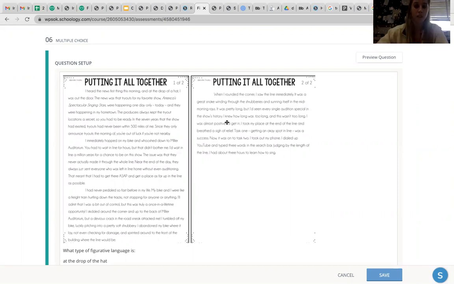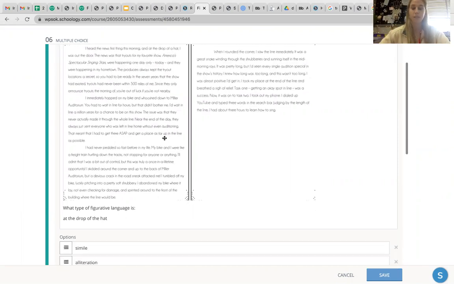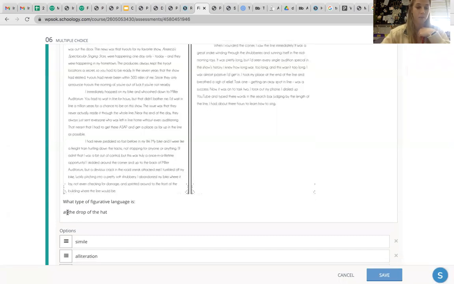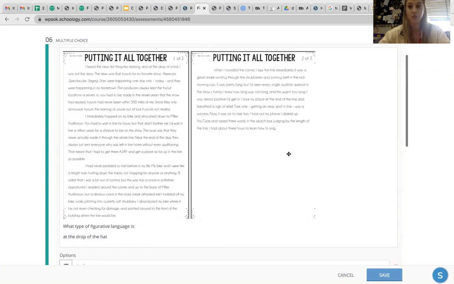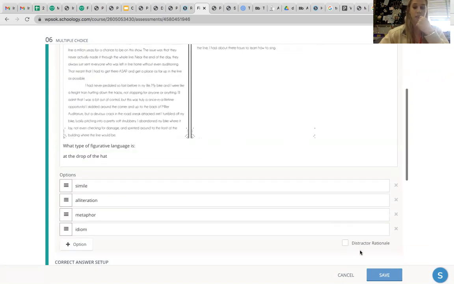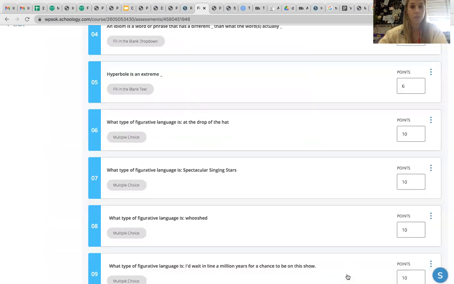I put it on here, and you're going to tell me through this passage what type of figurative language, and I have the example right down here of what figurative language I want you to pick. So on this multiple choice, you're going to tell me which type of figurative language this example would be. And I've added the story just so you can have some context if you're confused. But yeah, there's some multiple choice on that. Tell me what you think. You can always go back to your notes.